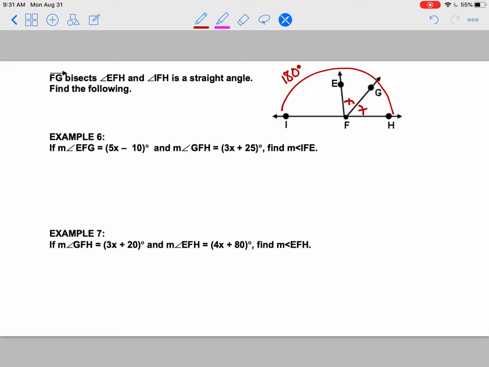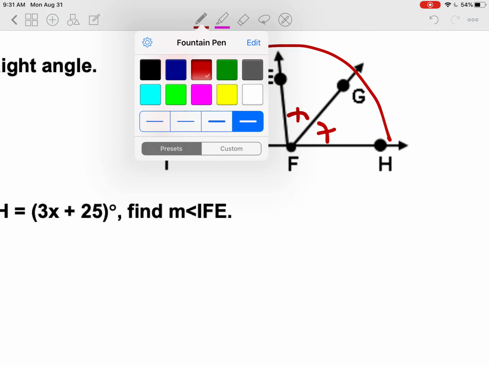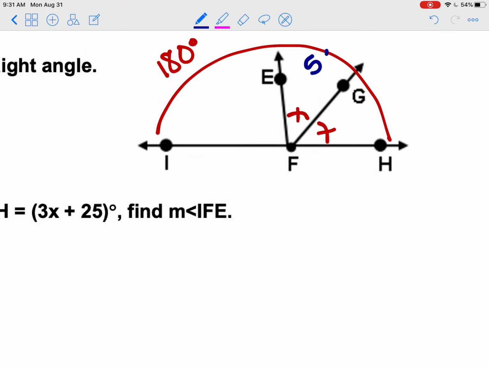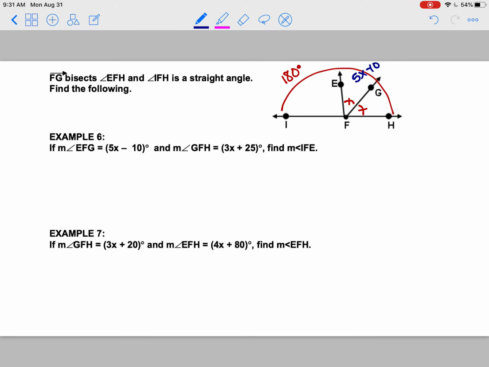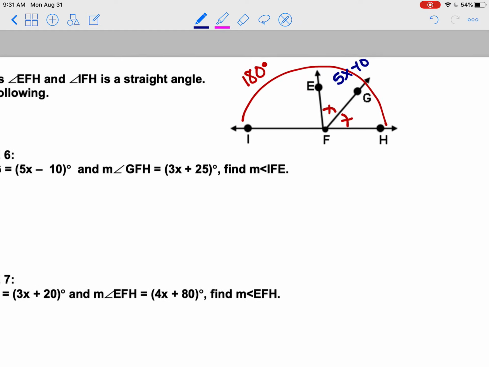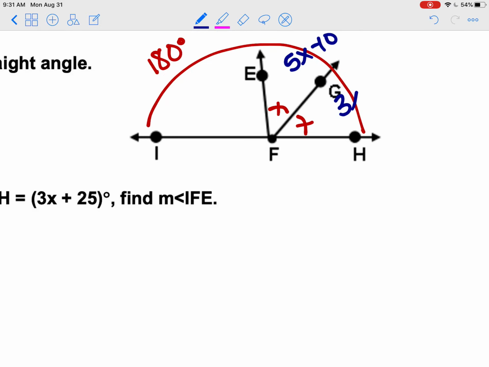Okay, so let's see what information they are giving us. They're telling us in example 6 that EFG, one of those congruent angles, is 5x minus 10. They're also saying that GFH, the other congruent angle, is 3x plus 25.